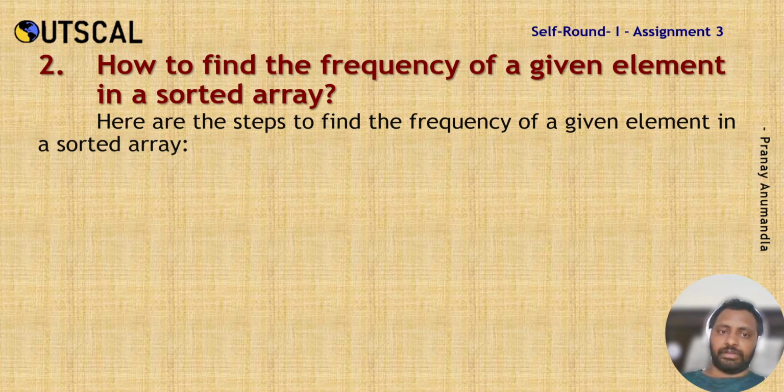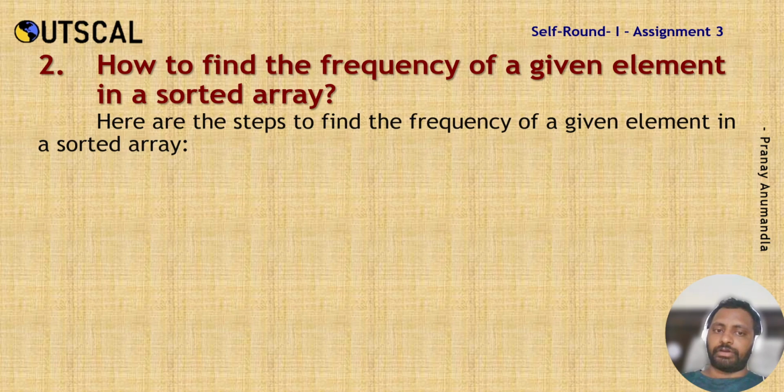with the target element. If it is found once, we increase the frequency. If it is found twice, we increase the frequency by another one. If we find it once again, we increase the frequency by 1 again. This is how we find the frequency of the given element.